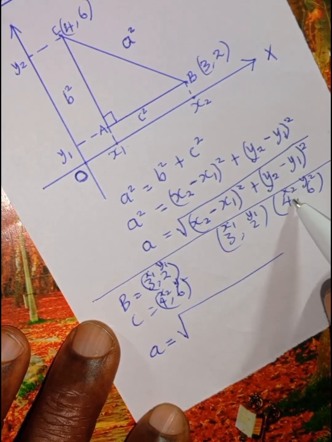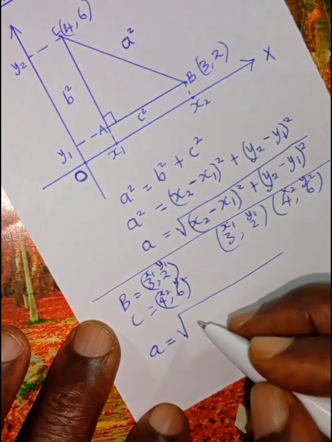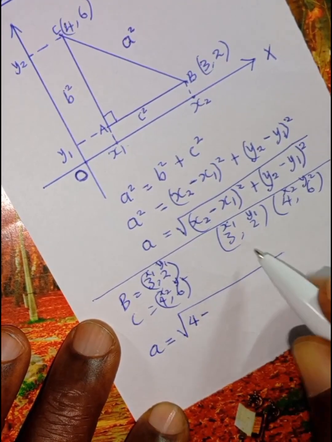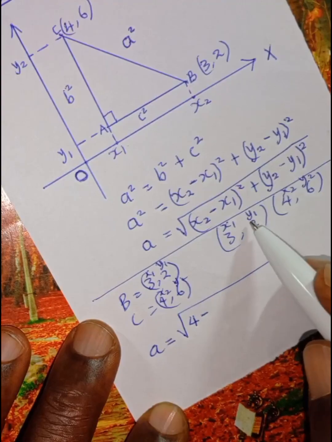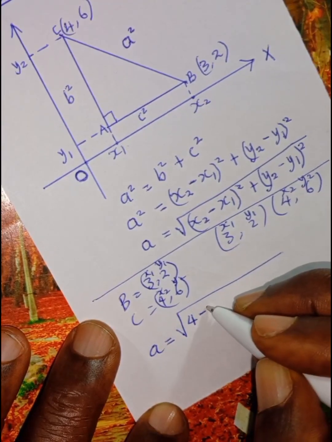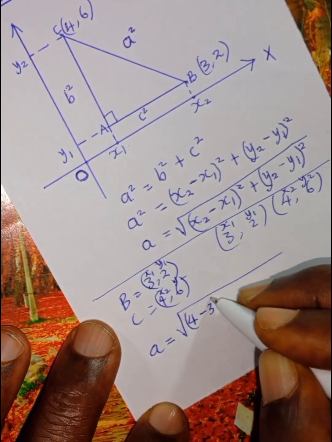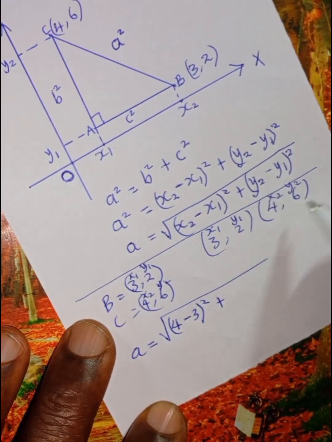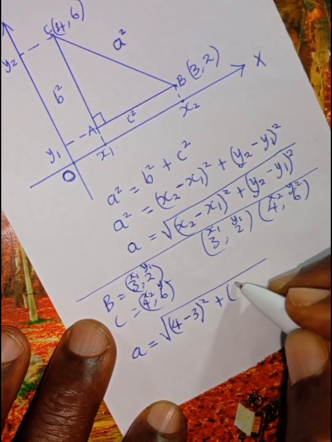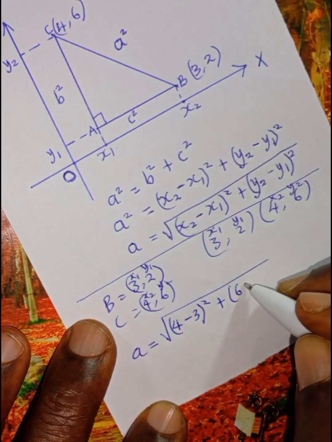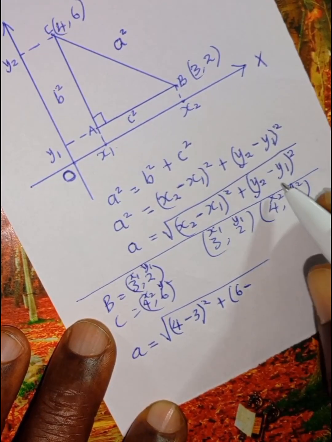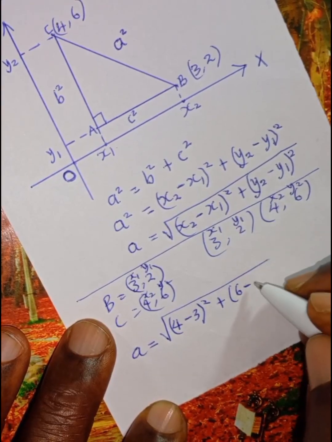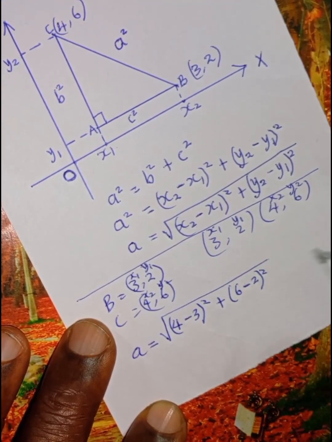Our x2 is 4, so we say 4 minus our x1 which is 3, all squared, plus y2 is 6, minus our y1 which is 2, all squared.